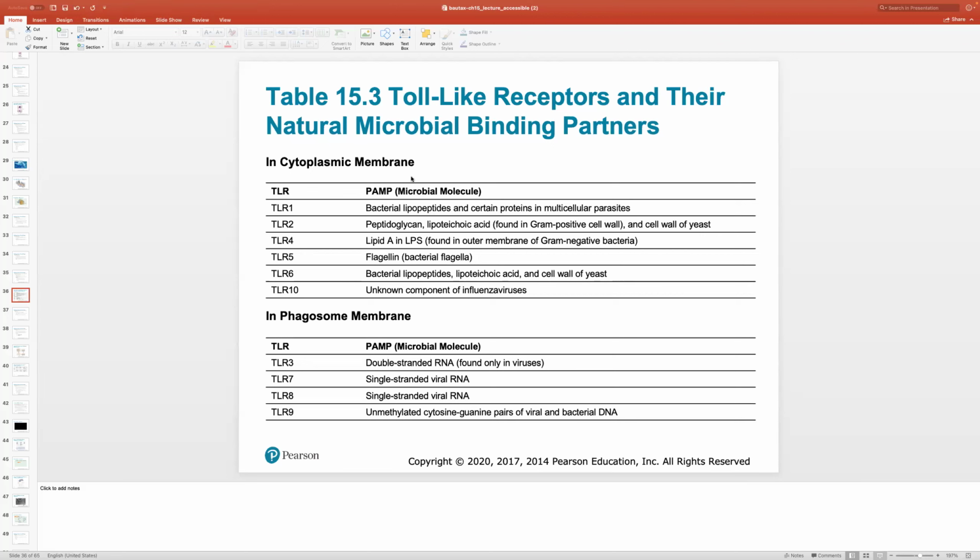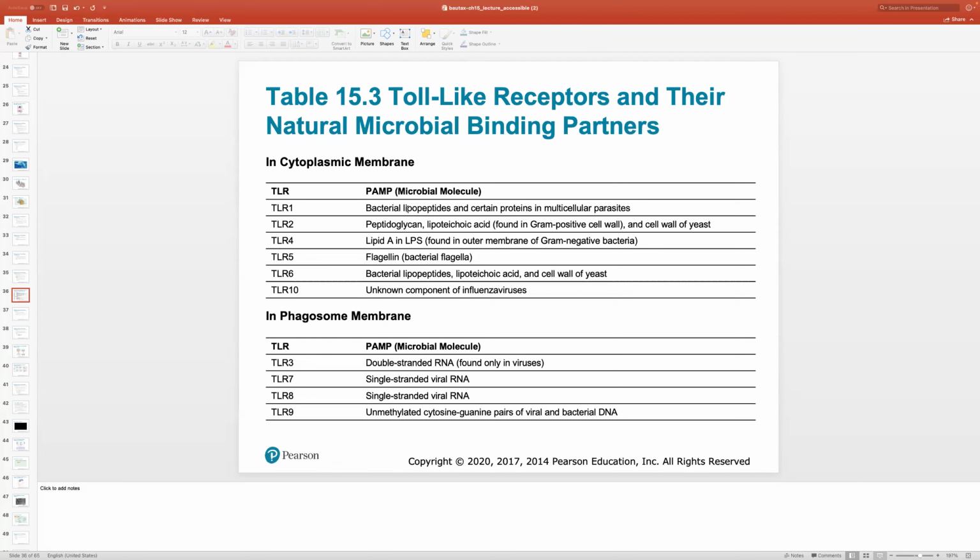Some of them are in the cytoplasmic membrane, some are in the phagosome membrane. So the phagosome membrane, remember, is that ingested endocytosis part, the intracellular particle that fuses with a lysosome.